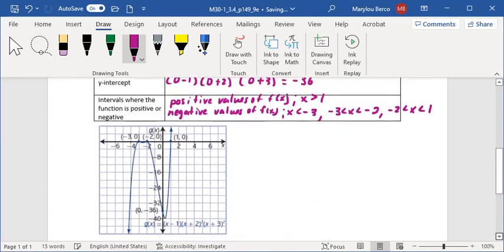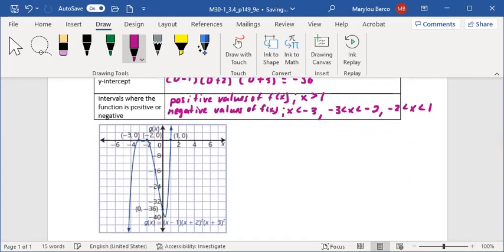So the first step is to graph the intercepts. The next step would be to determine test cases to see where the values are positive or negative. So you could test -4 and you would get -20. You could test -2.5 and you would get a negative value.